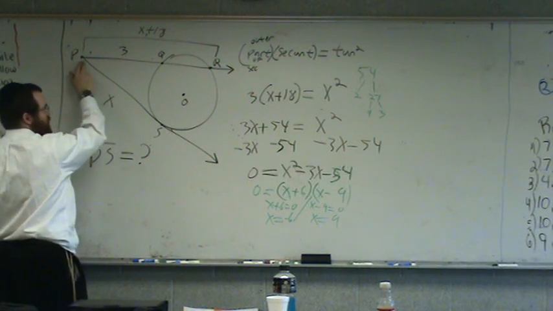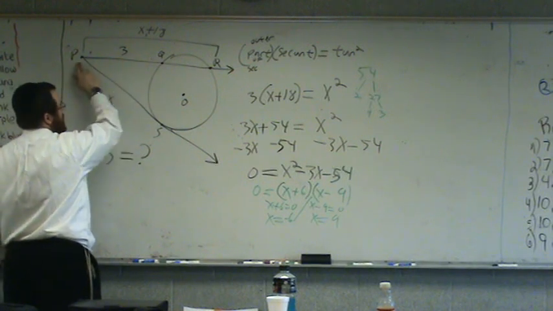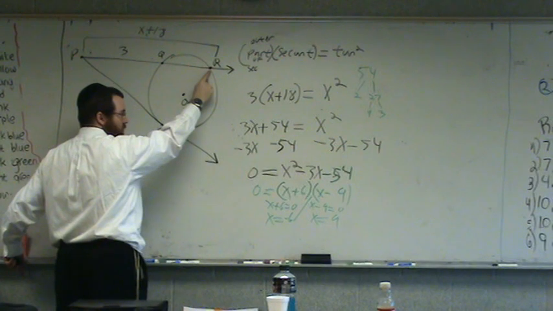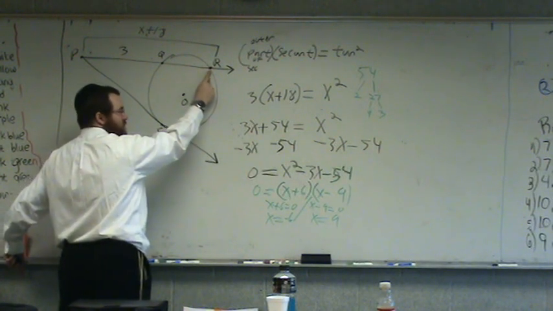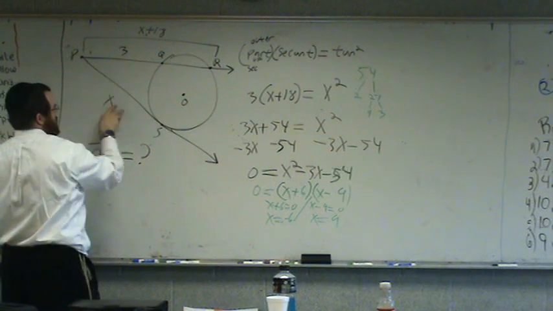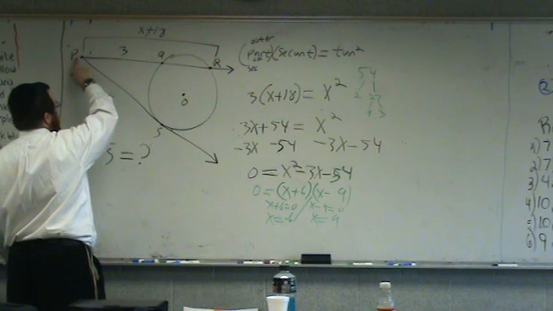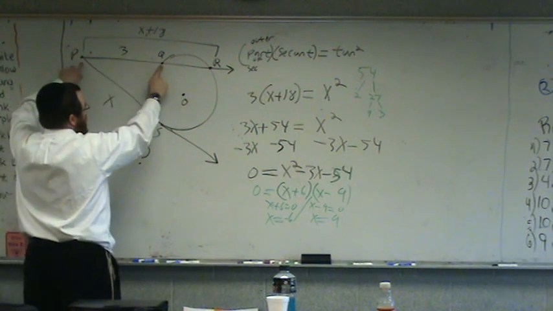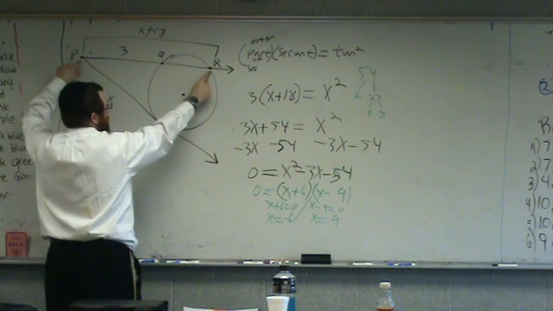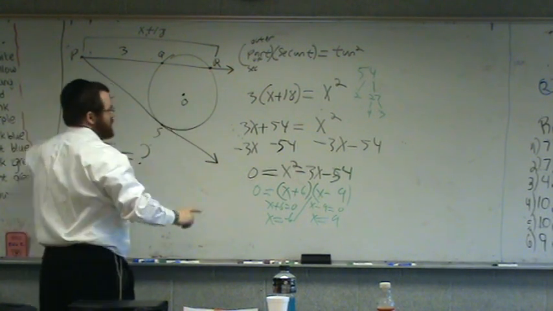So it starts at point P, goes to point Q, so that part times the whole secant, meaning from point P till the end of the circle, where it's about to leave the circle, but not beyond the circle. So again, tangent squared is equal to the part of the secant outside the circle times the whole secant, from the point you started till where it's about to leave the circle, and that's how you work it out.